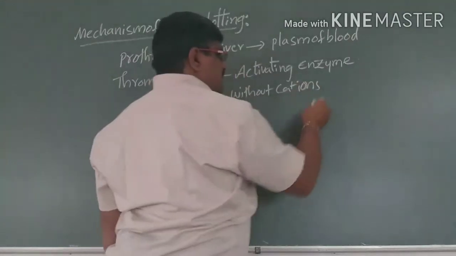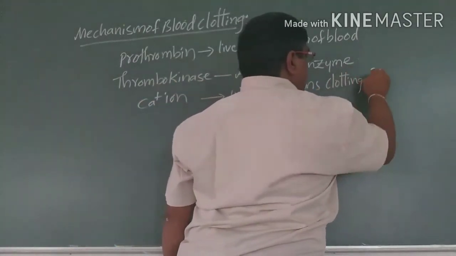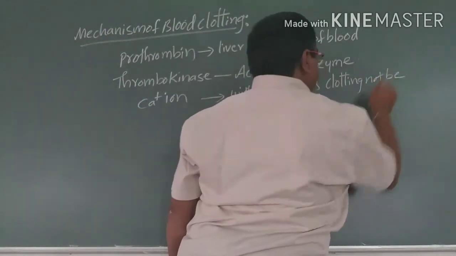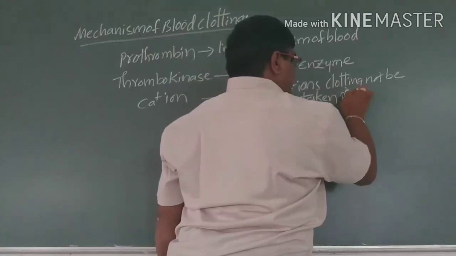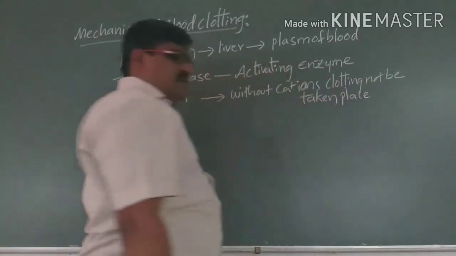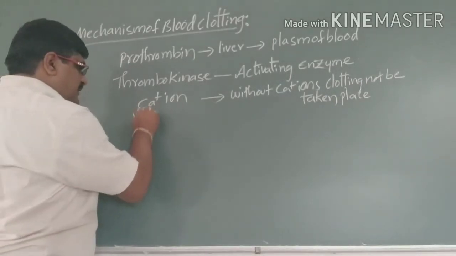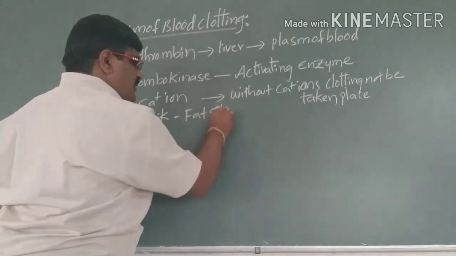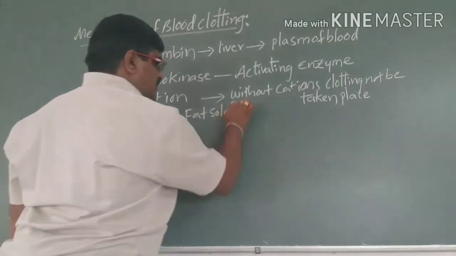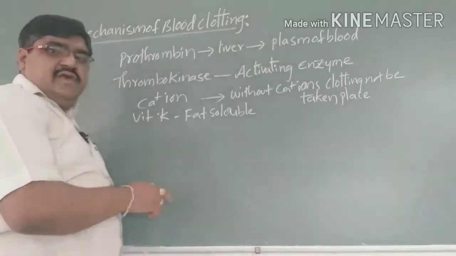Without calcium ions, clotting will not take place. Vitamin K is also required, which is a fat soluble vitamin that is helpful for the clotting of the blood.